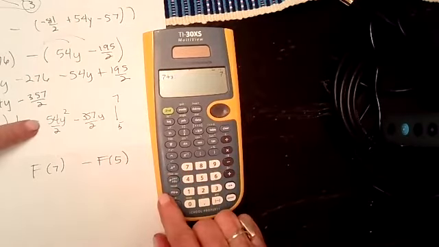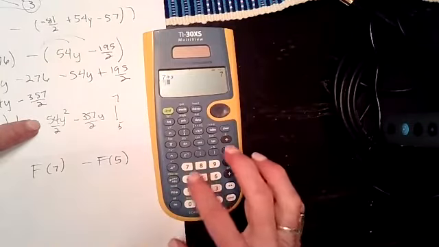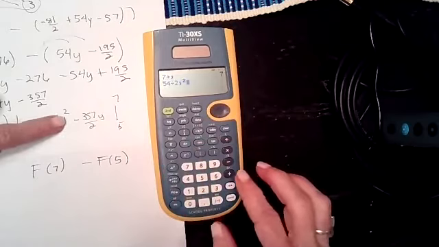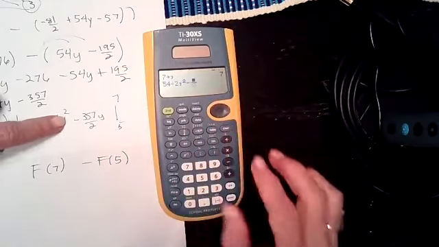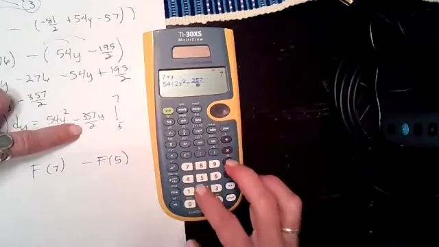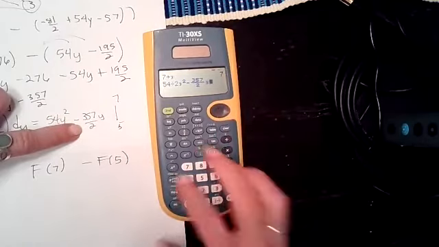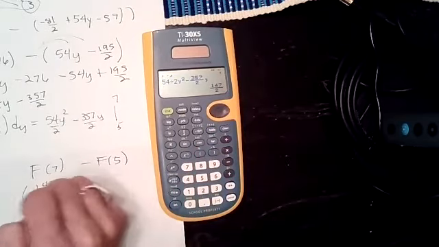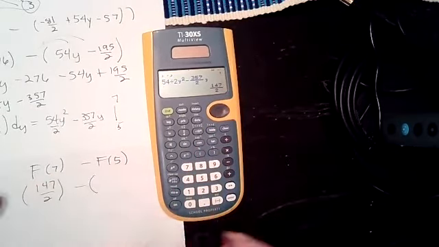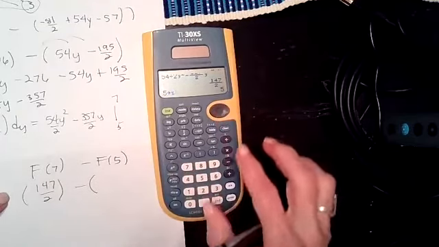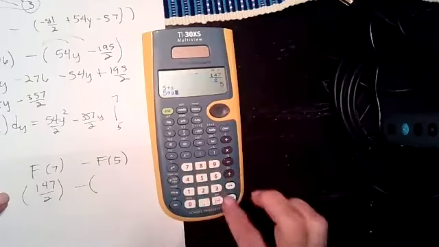I just hit the y button twice, and I have 54 divided by 2 y squared minus 357 over 2 times y. That gives 147 over 2. Minus 5 store for y and enter.